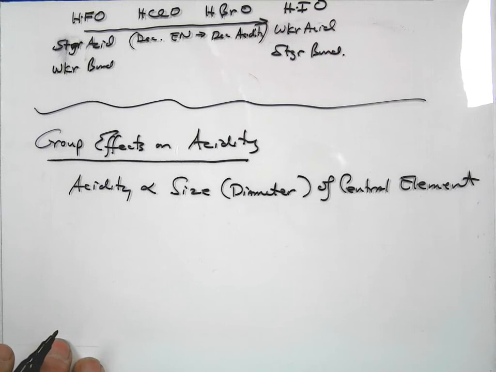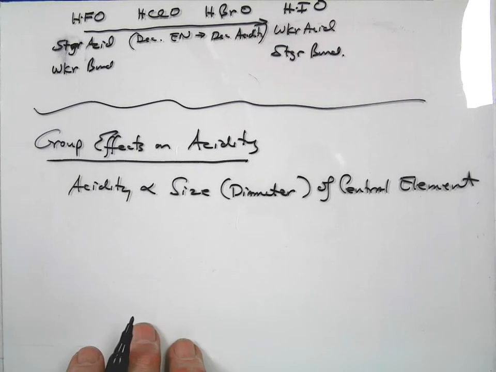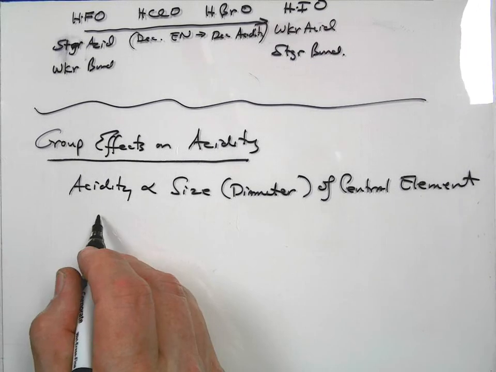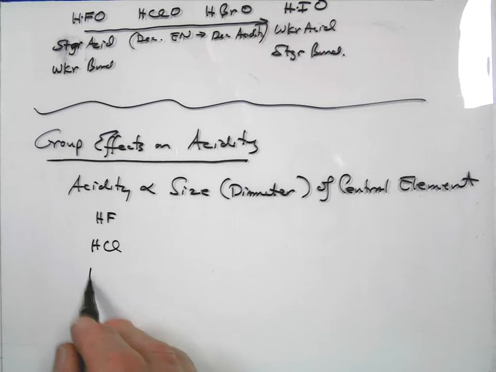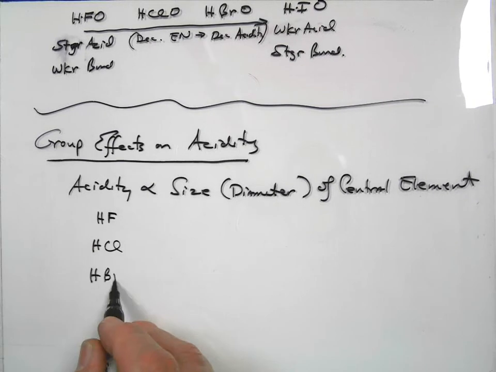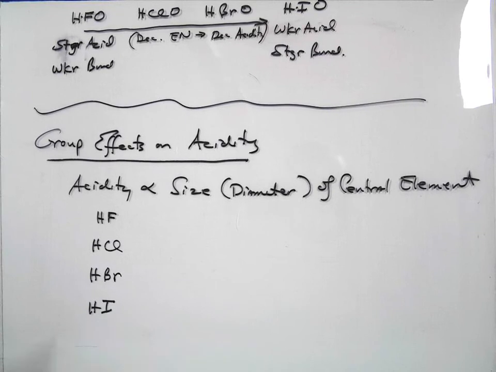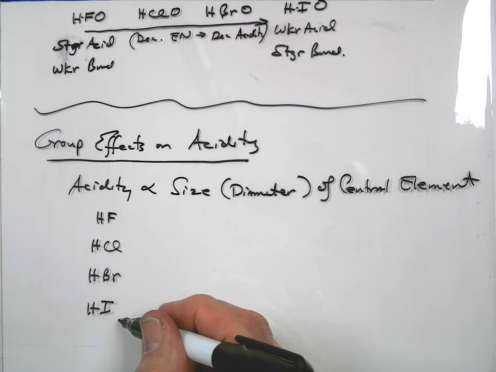So when we're talking about the halogens, this is the easiest one to illustrate. We have HF, HCl, HBr, and HI. Okay, now as you go down, you know that the electronegativity decreases down this way.